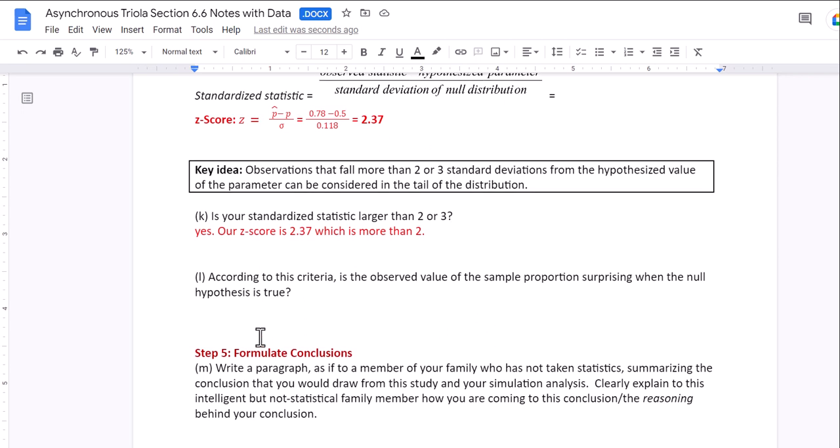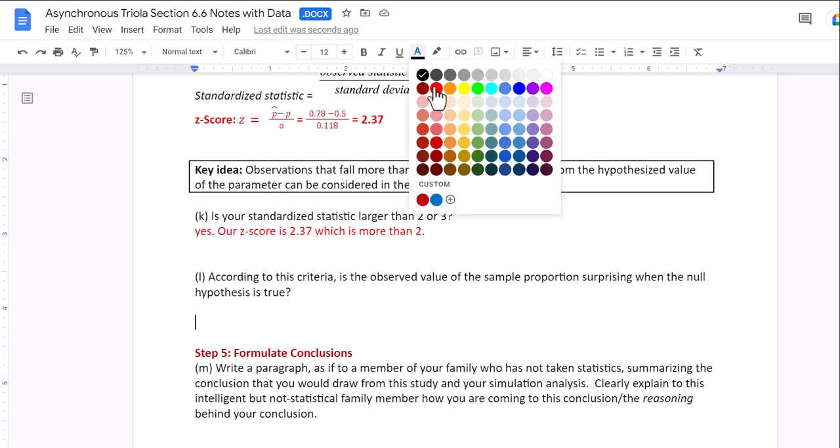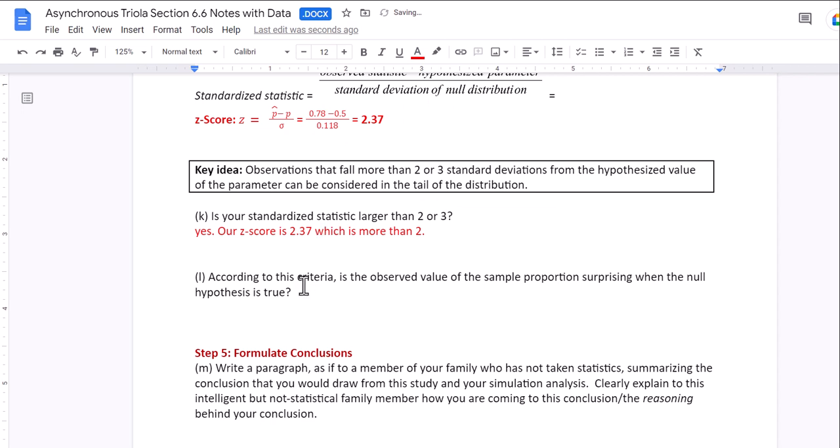So according to this criteria, is the observed value of the sample proportion surprising when a null hypothesis is true? Meaning, when the null hypothesis is true, that we're assigning the name Tim to the image on the left just at random without any special considerations, is it surprising to get 14 out of 18 people choosing the name Tim? Yes, it will be surprising.